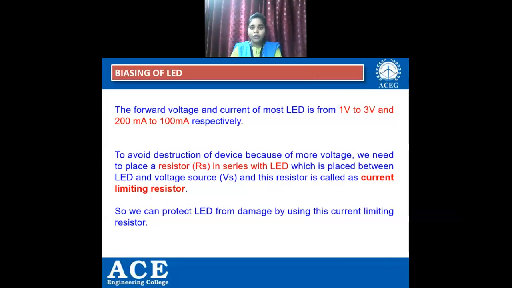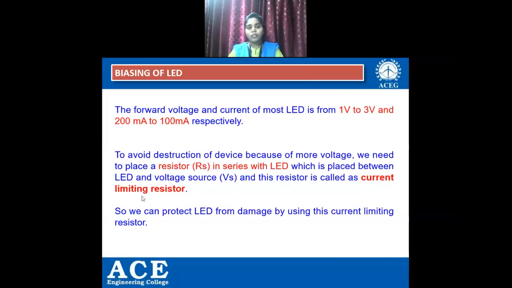When you give sudden voltage to our LED, there may be a chance of damaging it. So what we need to do? We need to place a resistor, right? So that our LED will not be damaged, which is placed between LED and source voltage, that is Vs, and this resistor is called a current limiting resistor, right?